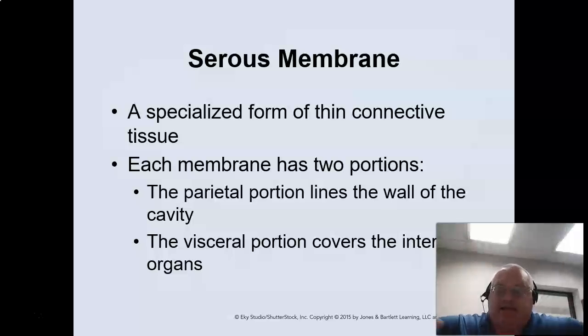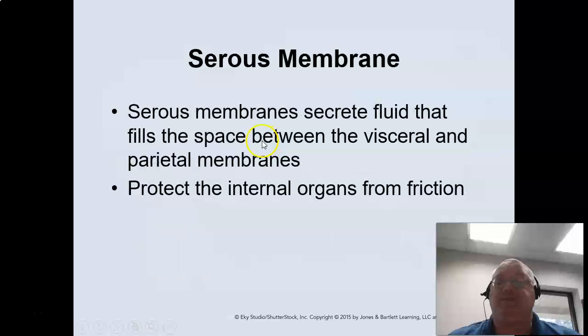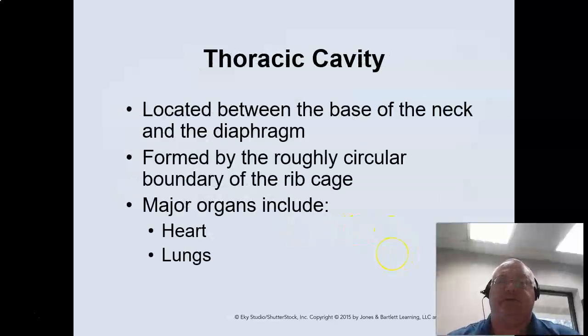Think of the parietal as the parent, the protector. So it lies on the outside of the cavity wall. And they have different types of pain, especially when we're talking about abdominal pain. Parietal and visceral pains are different. Again, the serous membranes can protect the internal organs from having friction with each other. So it does serve a very important purpose.